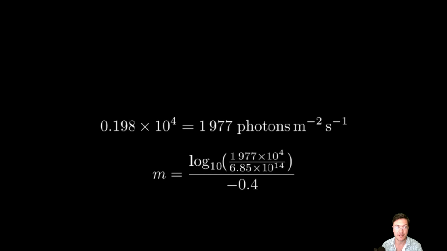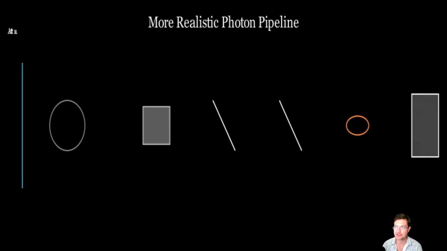Doing so yields a magnitude of about 18.8, which is pretty dim. But that's assuming every single photon hitting the aperture of the telescope is a detection. So let's go into a more realistic scenario of what actually happens here.